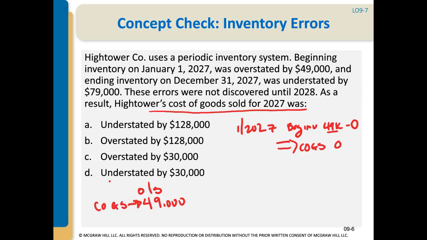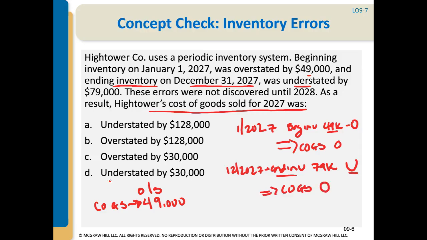Then it tells us the beginning inventory was overstated by 49, and the ending inventory on 12/31/2027 was understated by 79. So our ending inventory was understated by $79,000. We know when our ending inventory is understated, then the cost of goods sold has an inverse error.